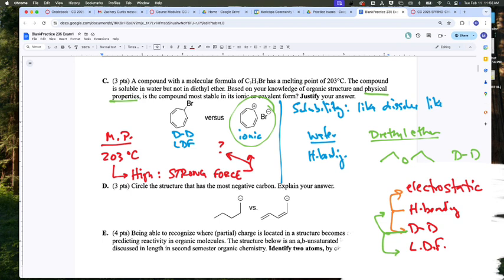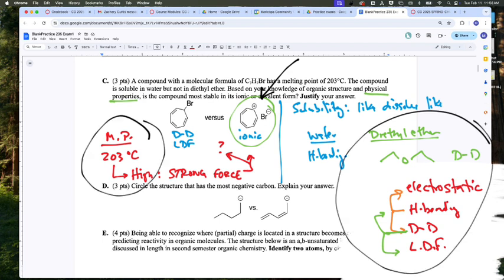It's a good question. How do we divide up the points? Correct answer. Do we get a correct answer? Yeah. Did you point out the melting point? Did you address the solubility? 3 points. 1, 2, 3. You just circle the answer?